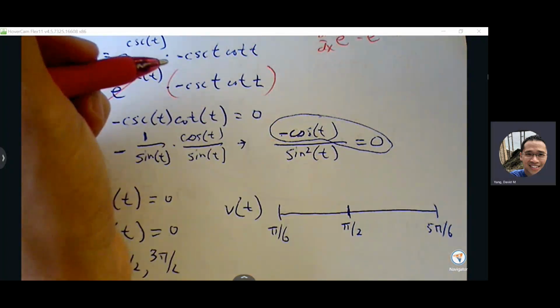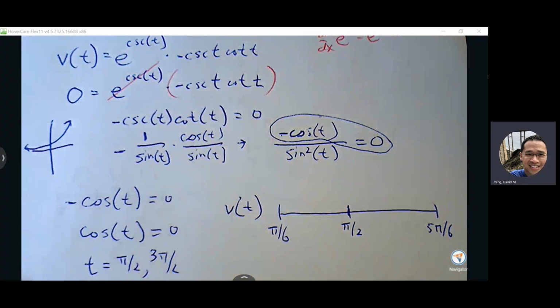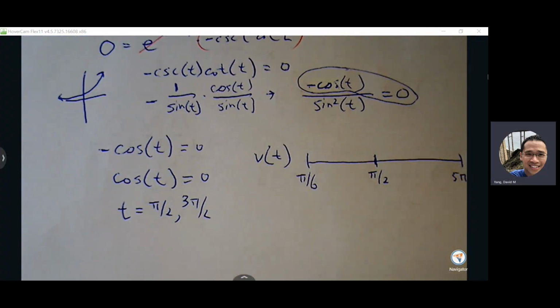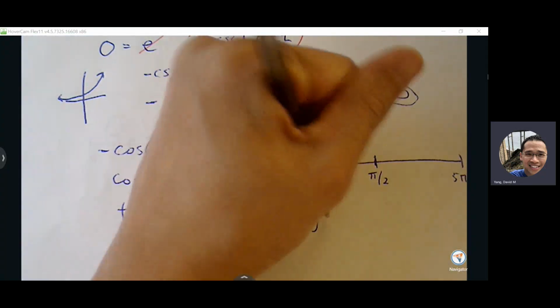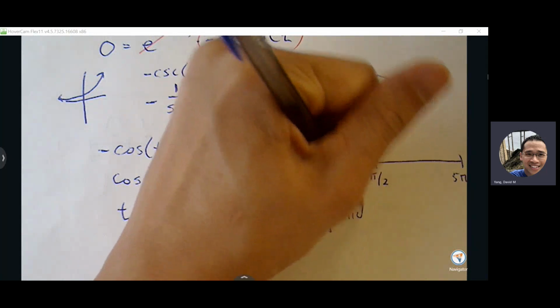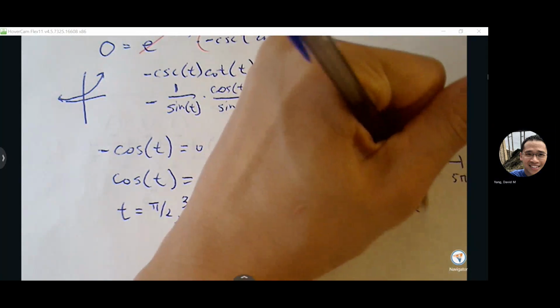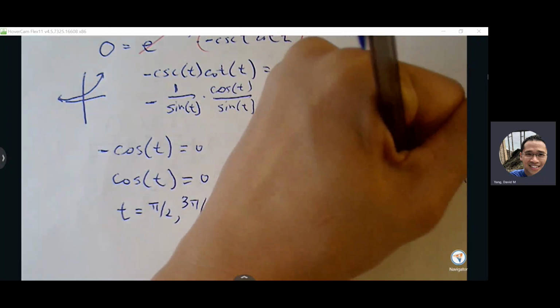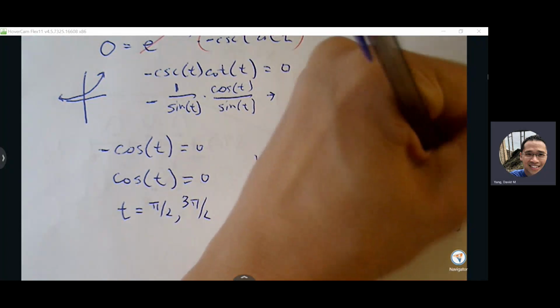First off, we know our velocity is going to be 0 at pi over 2. So that's part B. Find where the particle is at rest. Part B, we can say the particle is at rest when t is equal to pi over 2 because velocity is equal to 0.